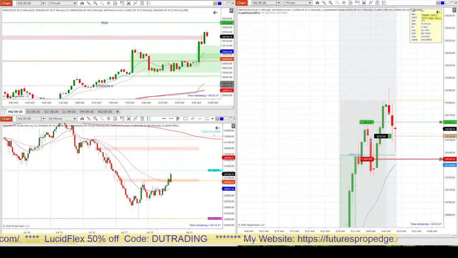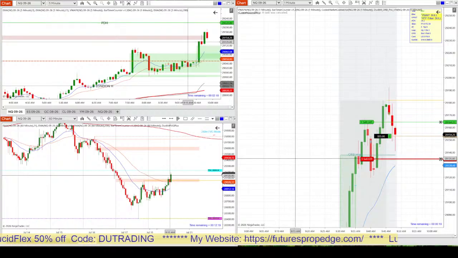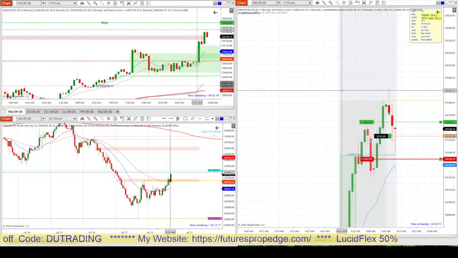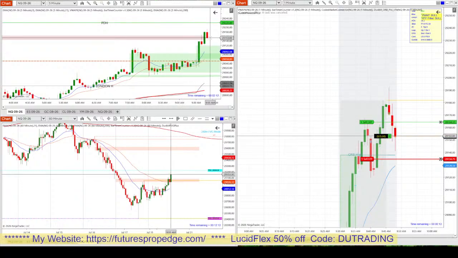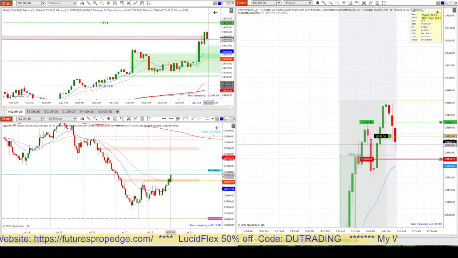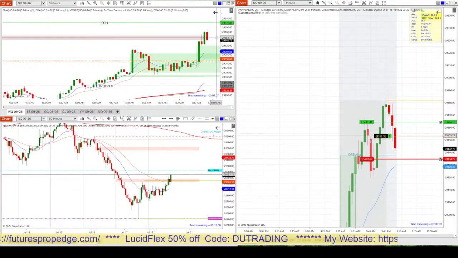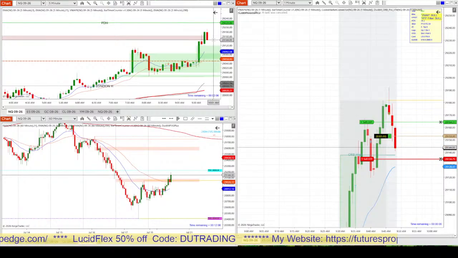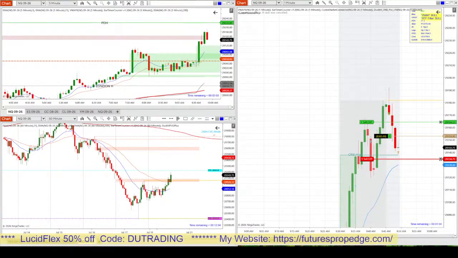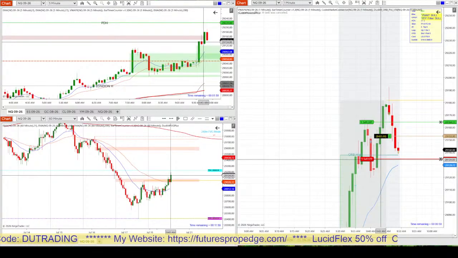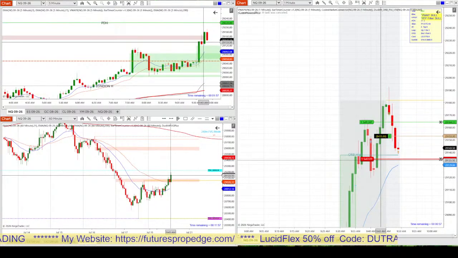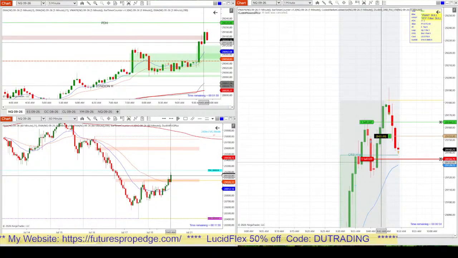So the trade we take right now is we're just holding on. But if somebody is not in the trade yet, the best trade is to wait for the next 5-minute candle, because as you can see, my stop is hit even though the move is going to happen. I entered early, so my stop will probably get hit, and then the move will happen afterwards. But it's not a big deal.